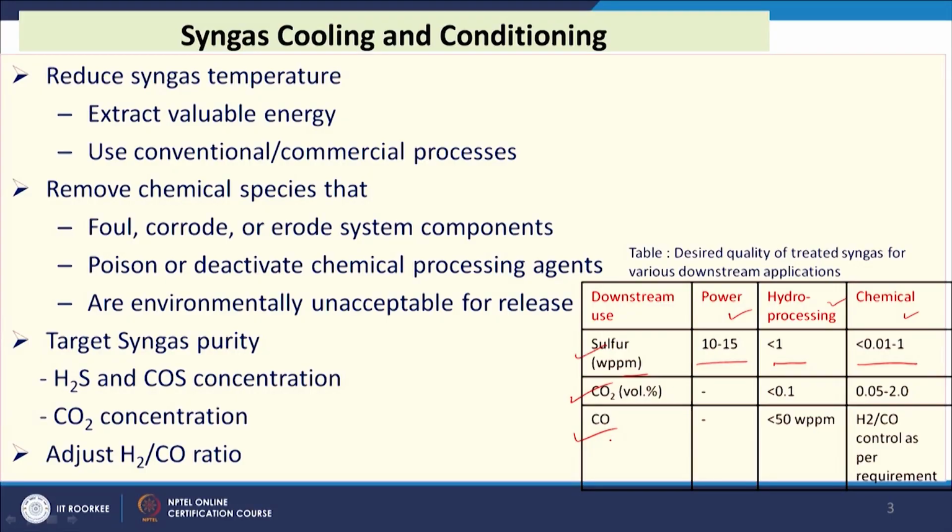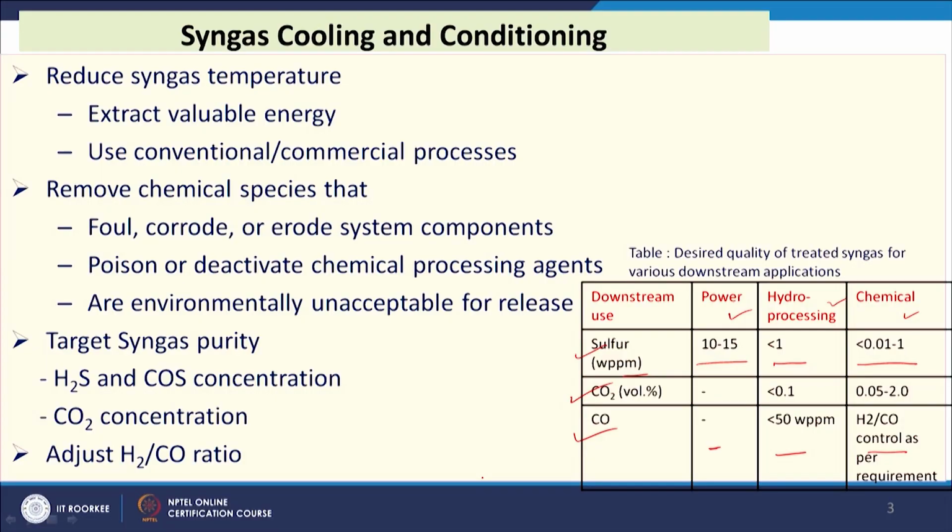For carbon monoxide, for power application there is no such requirement, but for hydroprocessing it should be less than 50 ppm on weight basis, and for chemical applications the carbon monoxide and hydrogen ratio should be maintained as per requirement.